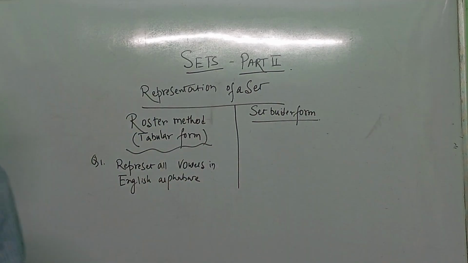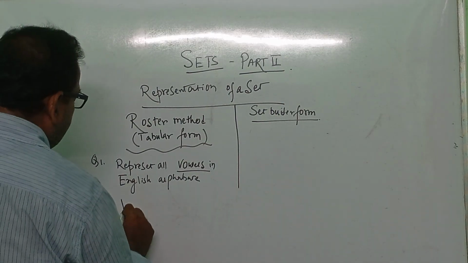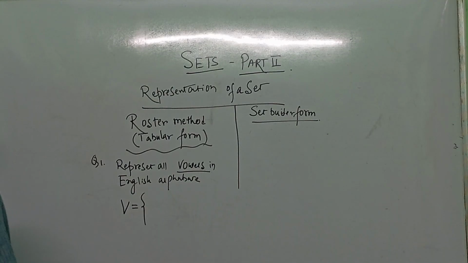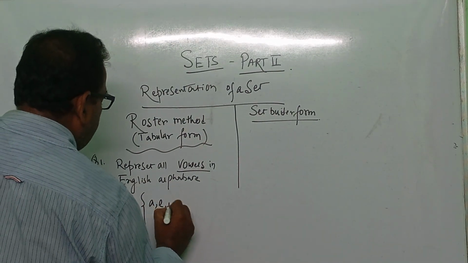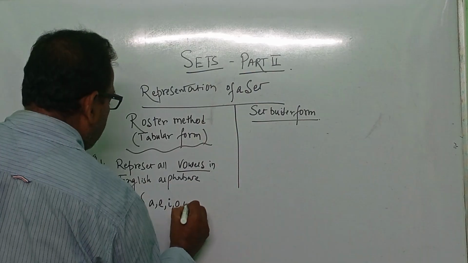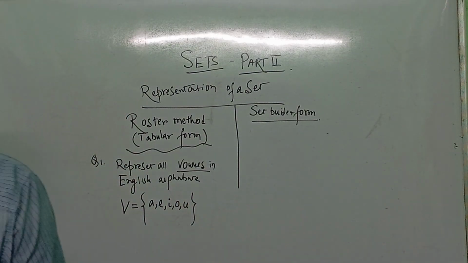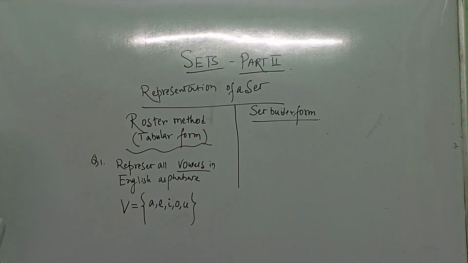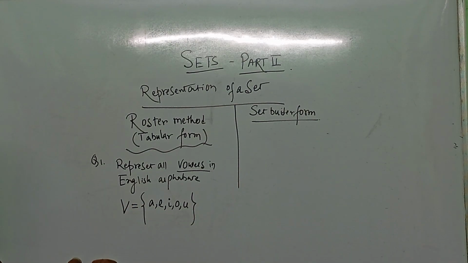Now how do I represent that here? This is the vowel, so the name of the set is V, and then the first bracket. What are the vowels? A, E, I, O, U. Now these are the elements of the vowels. Clear? Now this is the roster form.